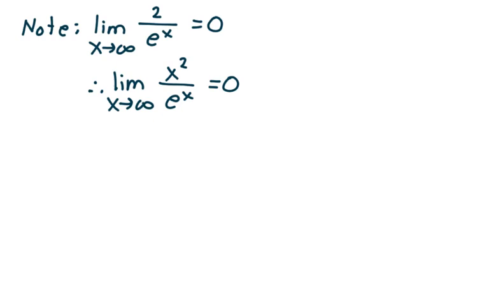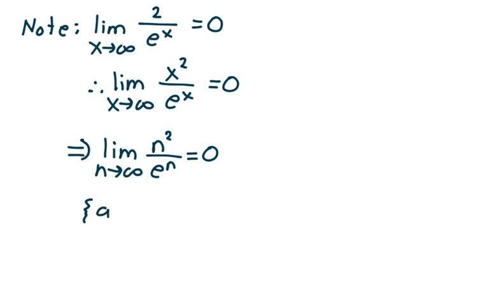And if that's 0, that implies the limit as n goes to infinity of n squared over e to the n is also 0. And so we can thus conclude that this sequence converges to 0. That's a really good problem. And that's how we do example 5.